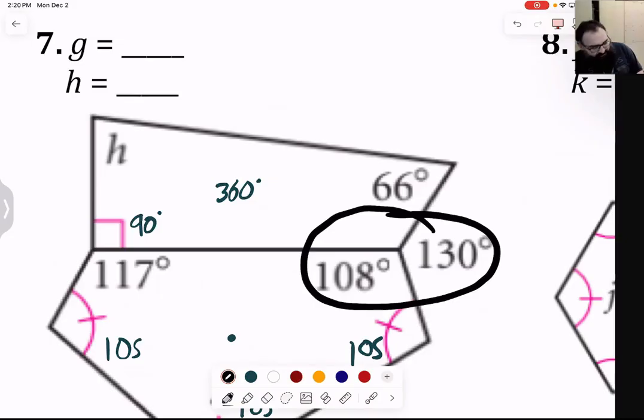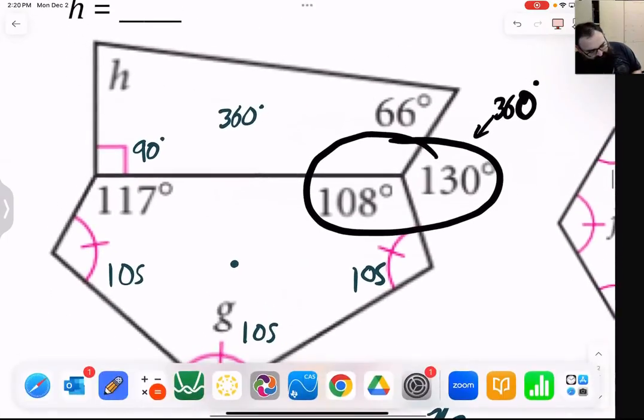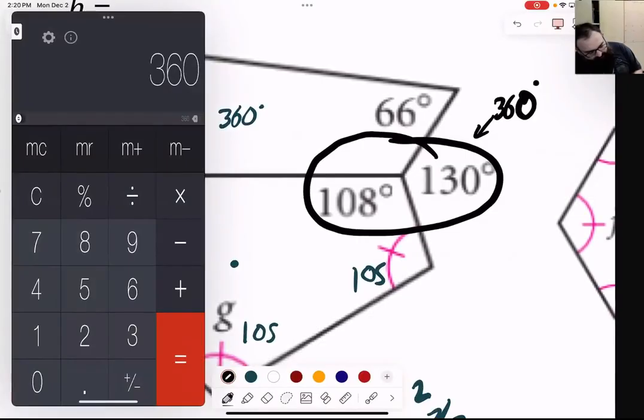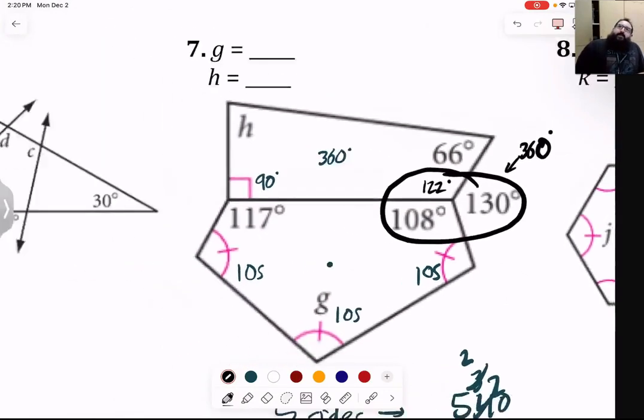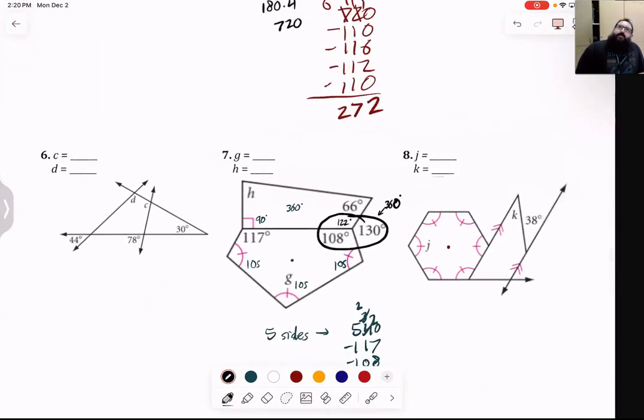Circles are how many degrees? So would you be able to find the missing piece? 122, and then you can find your missing piece. That's good, huh?